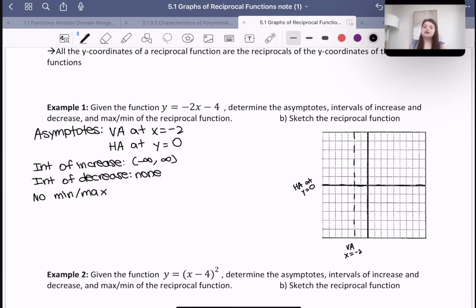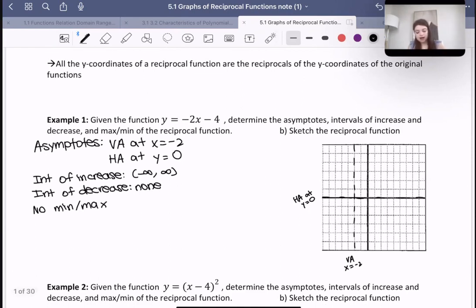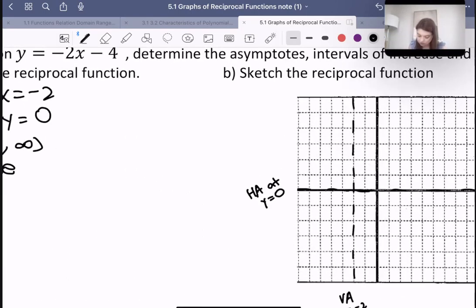Now we're going to use something that we hadn't used previously, which is this last point here that says all the y-coordinates of a reciprocal function are the reciprocals of the y-coordinates in the original function. So let's see what that means. At -3 on our original function, what would we get?